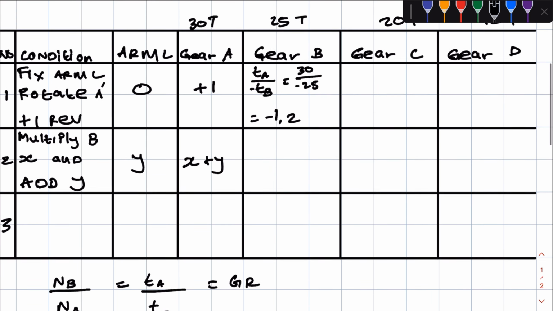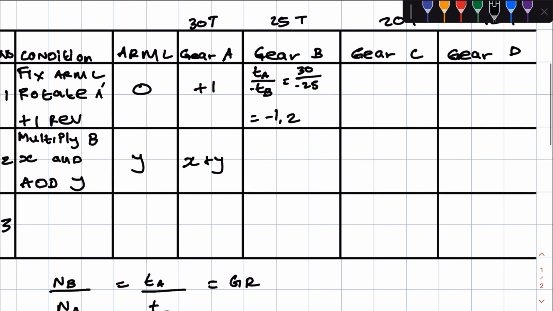Now we have the values of both x and y, so we can get the rotational frequencies of all the gears. First we look at NA, the rotational frequency of A. How do we do that? Again, you equate conditions 2 and 3. For gear A, we know NA is equal to x plus y.